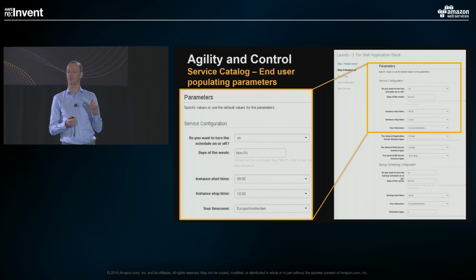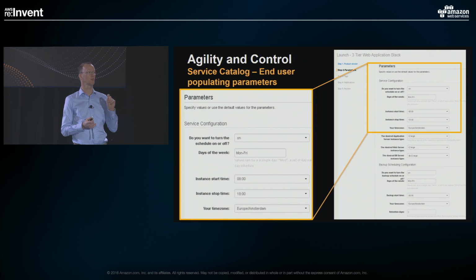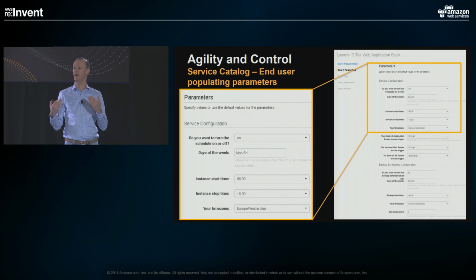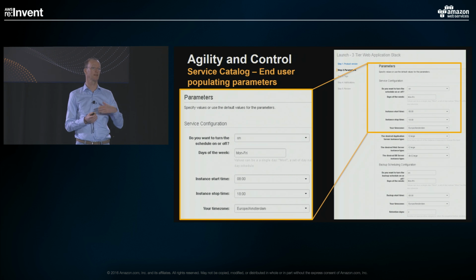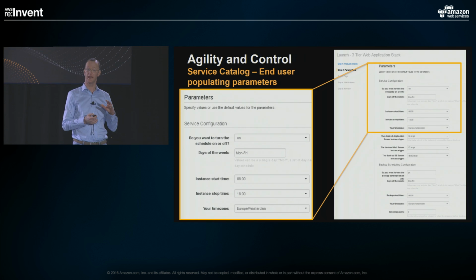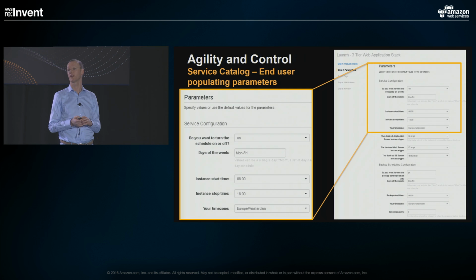The specific parameters we're interested in are at the top: do you want to impose a schedule on your product, to have your instances automatically start and stop based on a schedule? Well, Becky is based in Europe. It's development. She works 8 to 6. So she provides the schedule, and now the schedule is added to the product as a tag.